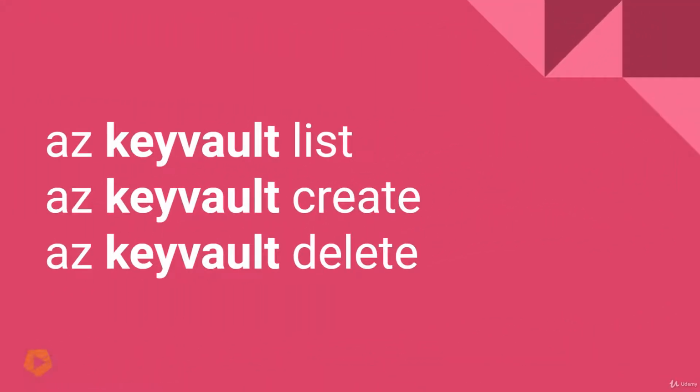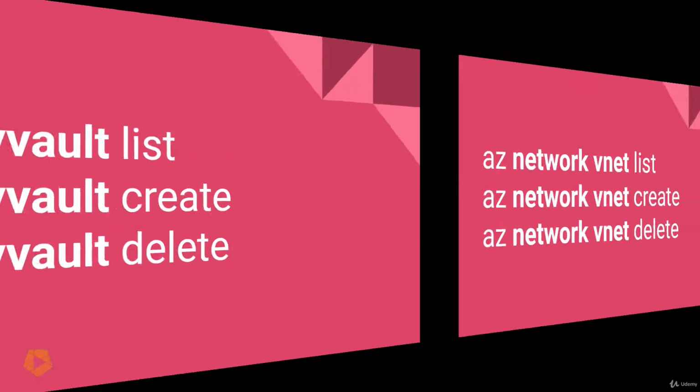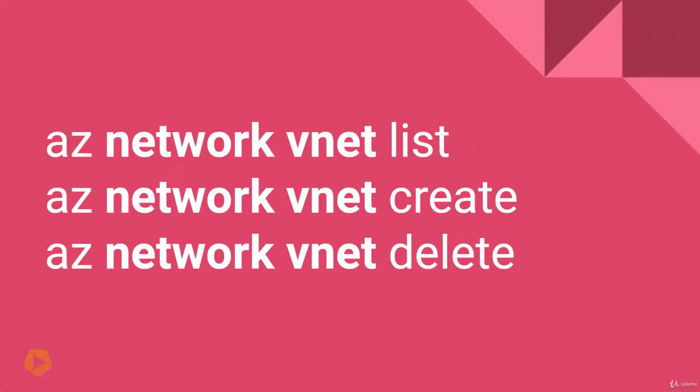But then when we look at something like the Azure Key Vault, the same naming system applies. Instead of AZ VM, it's AZ Key Vault. And then you can say list, create, delete, the same verbs for Key Vault as for virtual machines. We get into something a little bit more complicated when it comes to virtual networks. They're abbreviated as VNet, but that's actually a subcategory of the network service.